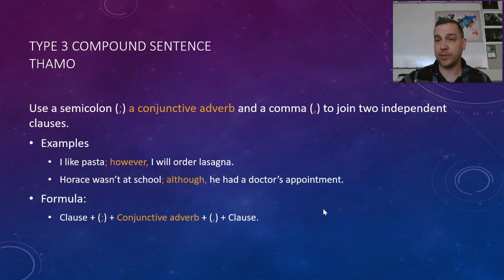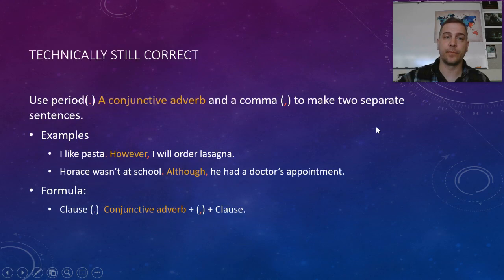Really, these three options are the only ways that we combine sentences together in English. If you learn all three of these methods, you know all the ways that are grammatically correct to join sentences together. And so, this is still technically correct. And if you use a period instead of a semicolon and end the sentence and then begin a new one with the conjunctive adverb, this is also grammatically correct, right?